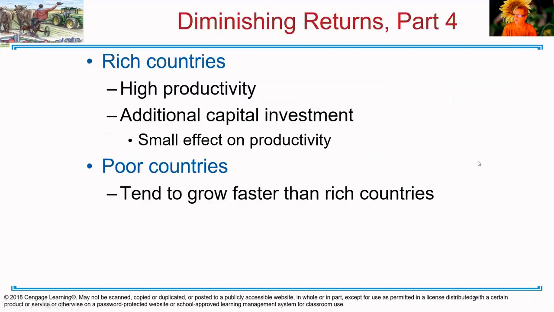So we can see that for rich countries, an additional capital investment has a small impact because they already have so much. Whereas for poor countries, an additional capital investment makes a large impact. And so that's why it's reflected in their growth rates. So poorer countries will grow faster than rich countries.